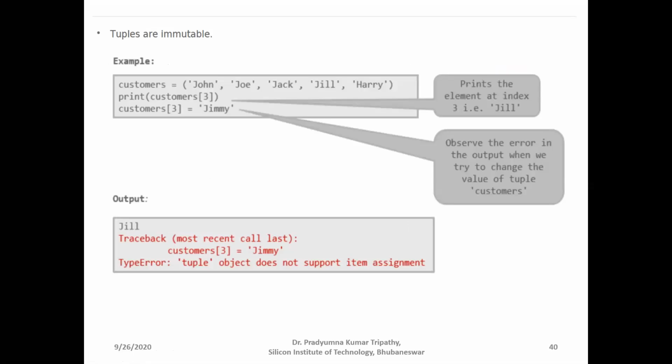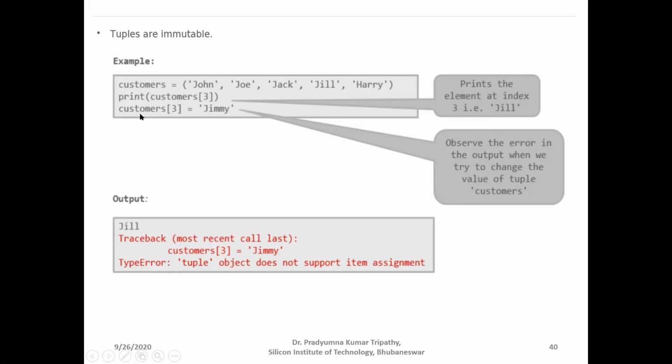I already said tuples are immutable, so I can have a tuple like this, and if I print customer of 3, there is no problem. Indexes 0, 1, 2, 3. Print customer of 3 will print this Jill, right?